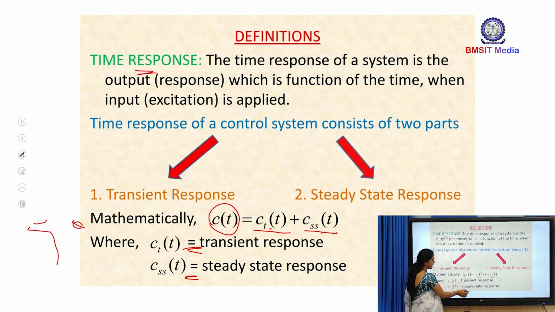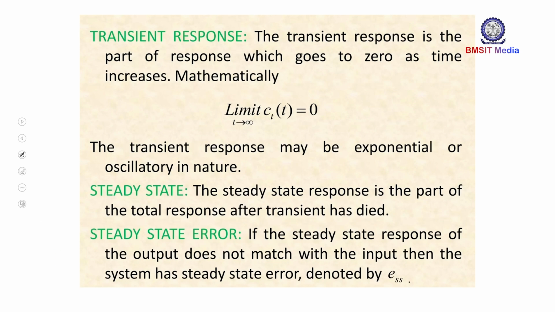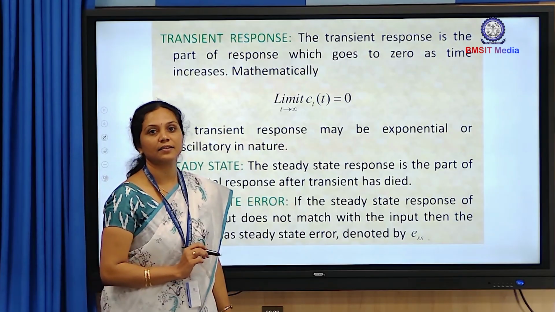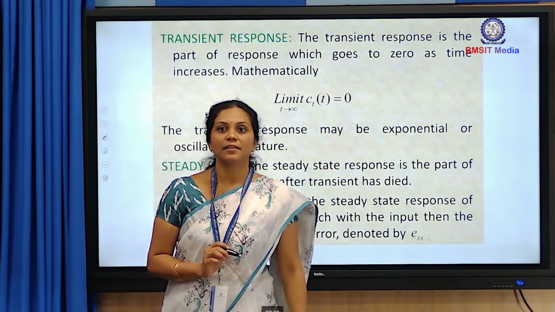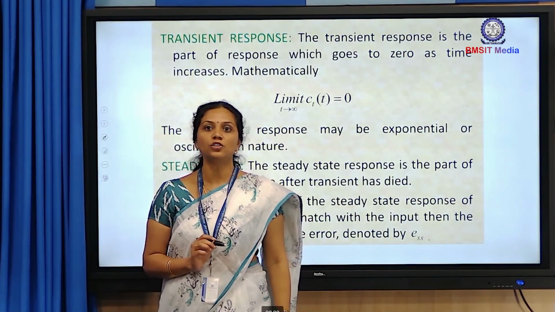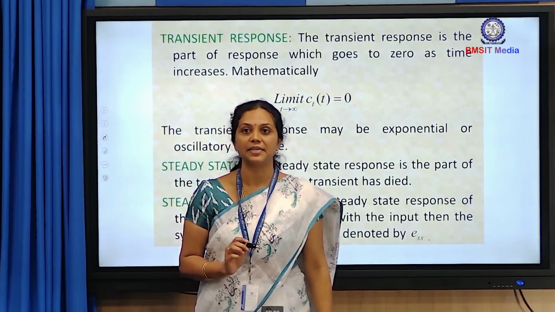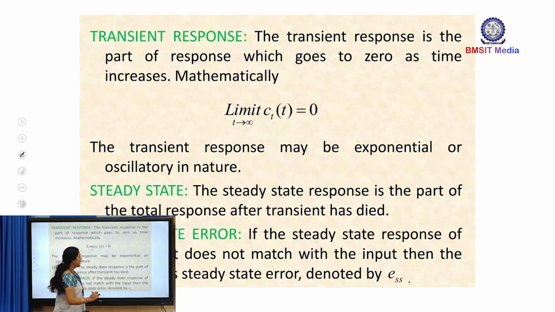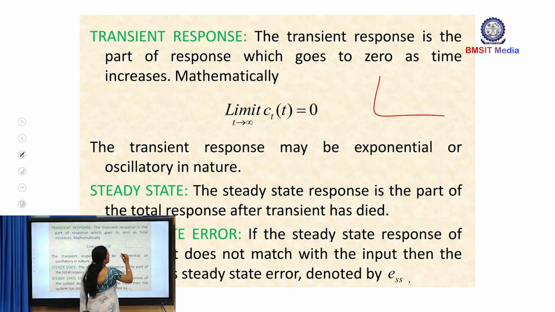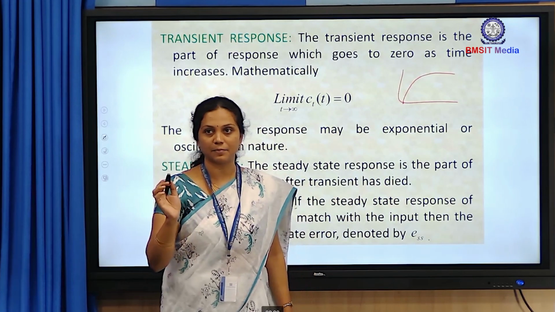Now first let us understand what comes under the transient response and what comes under the steady state response. As the definition says, the transient response is the part of the response which goes to zero as time increases. That means if this is my graph, there will be a linear increase of the function and after some time it will be maximum.